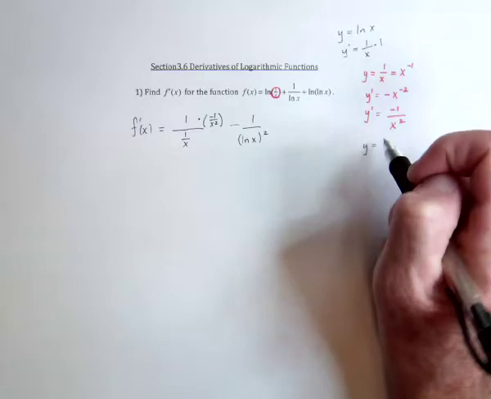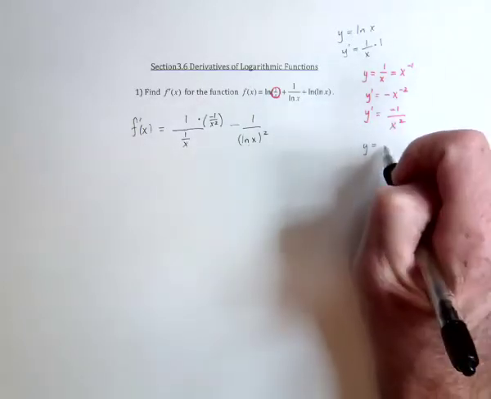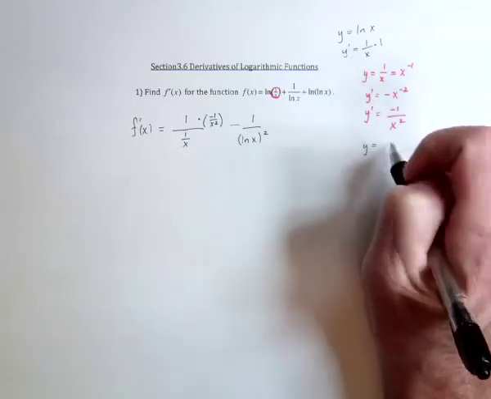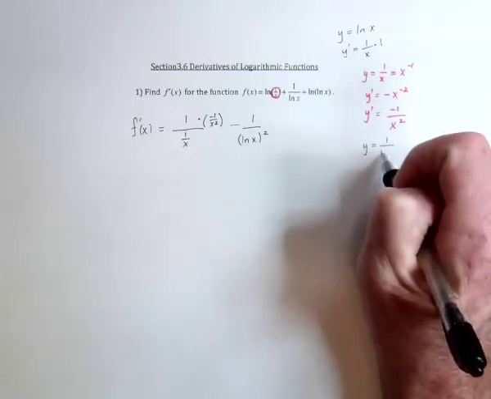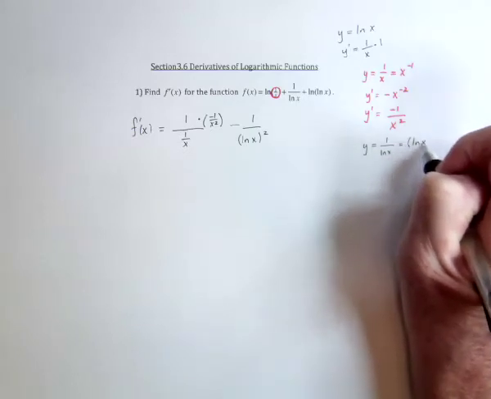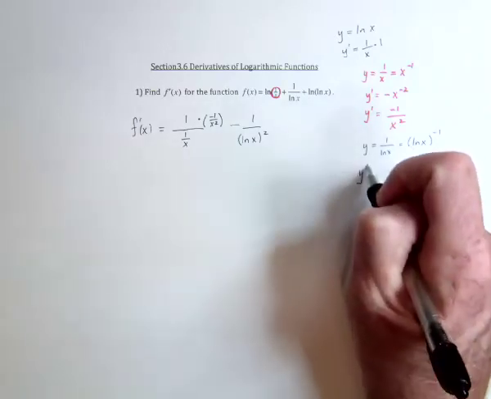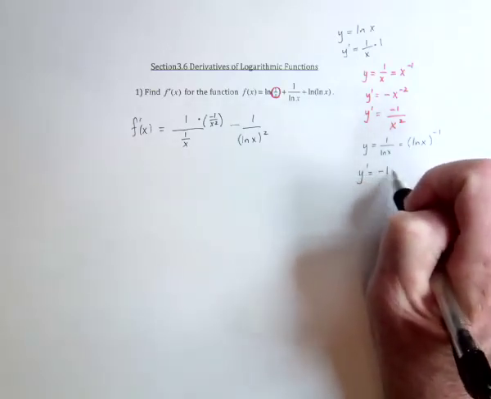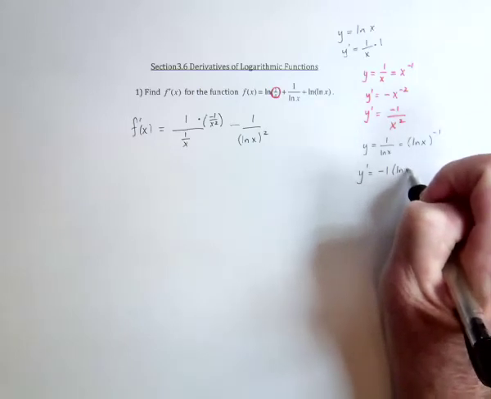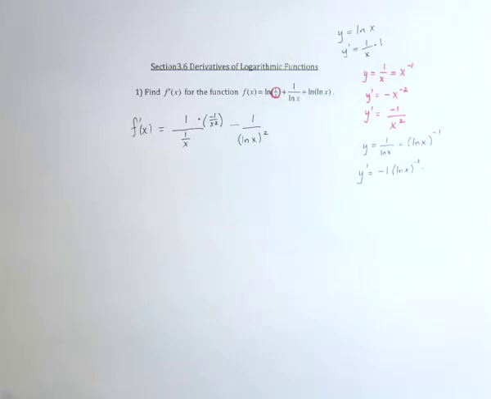But then I have to consider that this was actually the inside function. So I can say 1 over the natural log of x can be rewritten as the natural log of x raised to the minus 1, and then take the derivative of that. So it's going to be negative 1, and then natural log of x, subtract 1, it's to the negative 2.